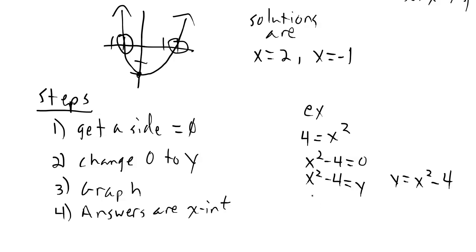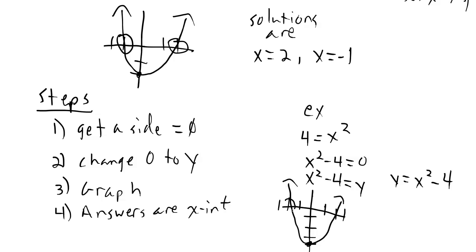Our next step is to graph that. So let's do that. Our y-intercept is negative 4, and you can throw this into your graphing calculator. That's going to be the easiest way to do that. When you do that, what you'll see is we get a point down there, and it looks something like this.